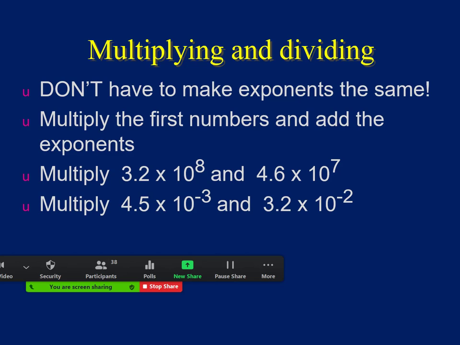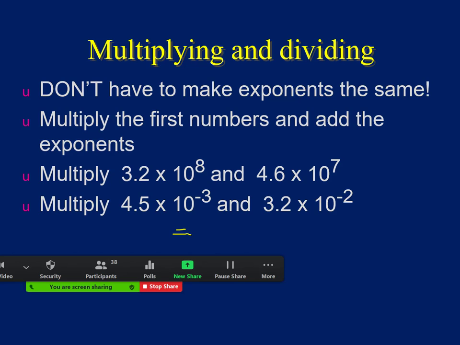So if you want to try the second one, let's make sure we get the same answer there. I just push it on your calculator. Your calculator will do all this automatically for you. I just don't want you to be surprised when the exponents aren't exactly the same. You do it on your calculator.